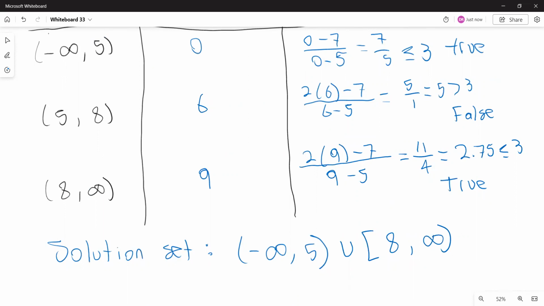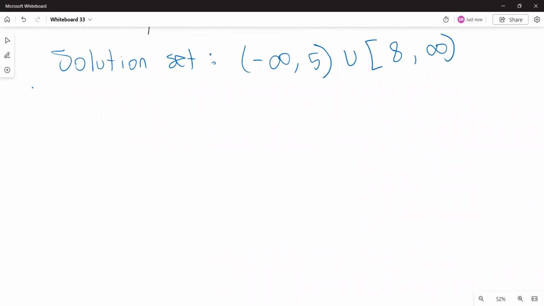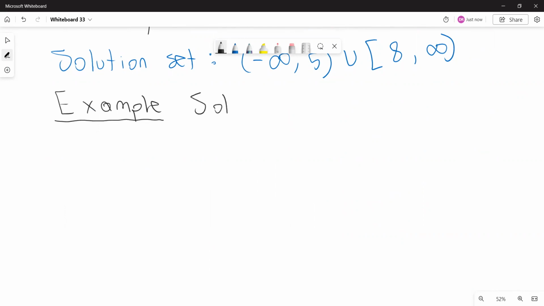And I will do one more example to finish the section. So we will solve 4x minus 1 over x minus 6 greater than 3.